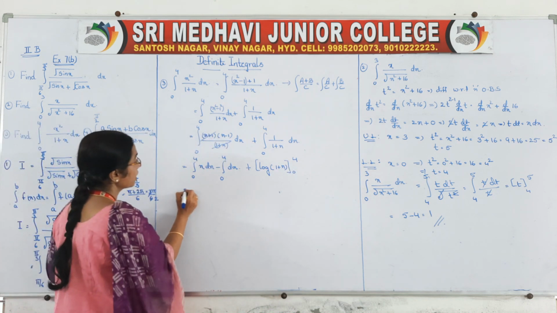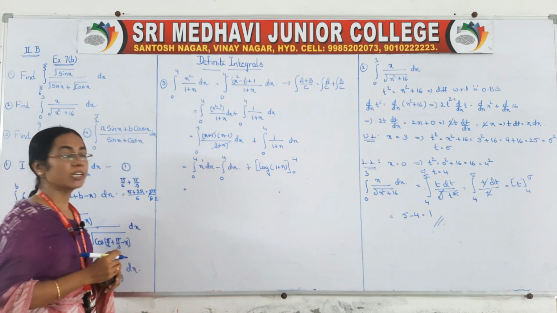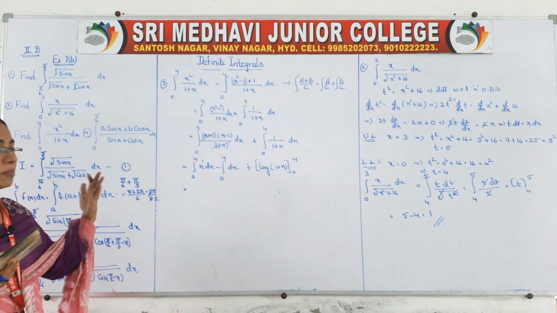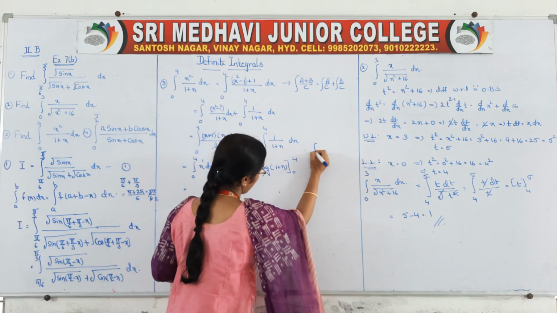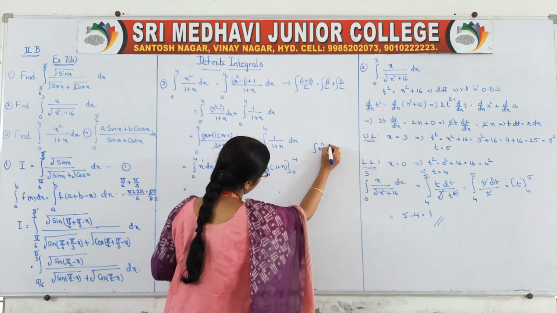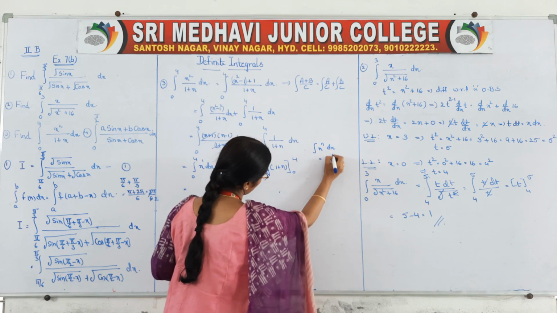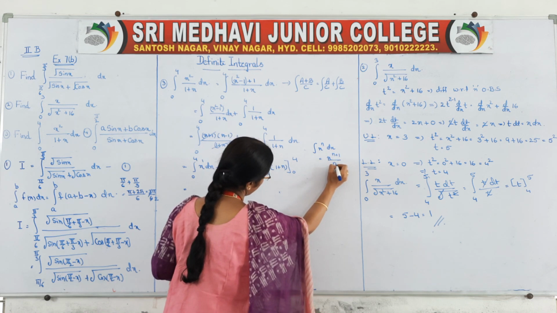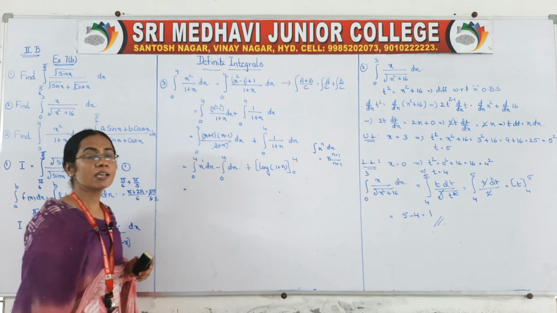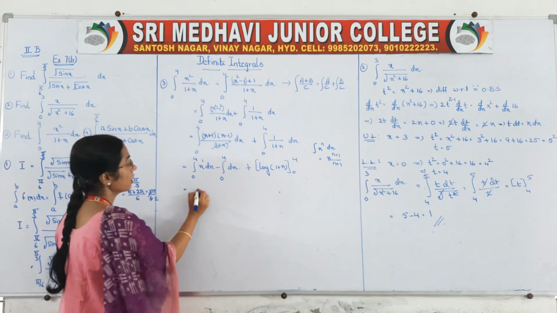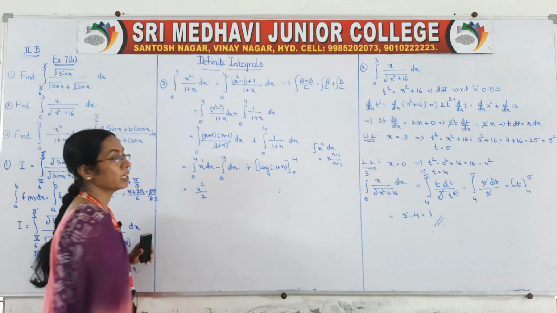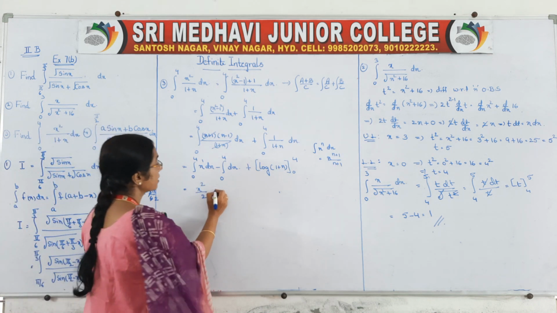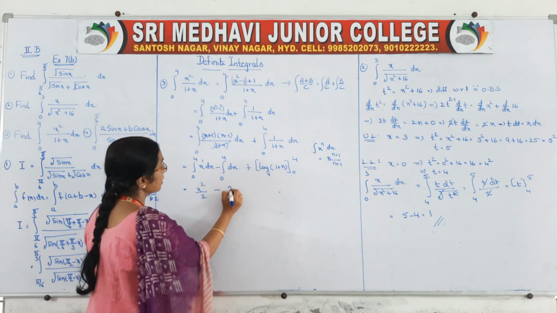So it is equal to x to the power of 1 you can write. If the power is not there, it means to the power of 1. So it is of the form, which form? Integral x to the power of n into dx, so x to the n plus 1 by n plus 1 is the formula. So here x to the power of 1 plus 1 means x square by 2 minus integral dx is x.